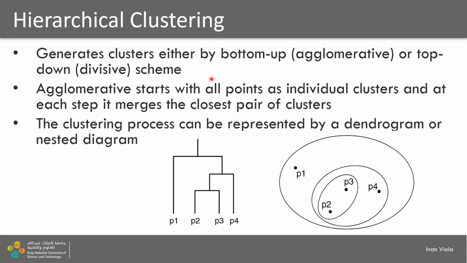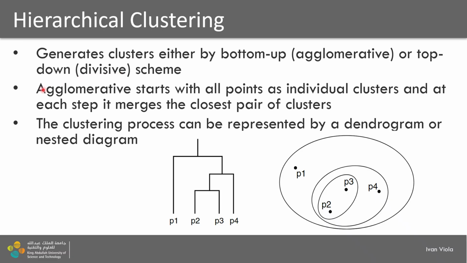In the divisive scheme, we will start with the full data set, and then we will split it into two halves, and then we will further be splitting up the parts to achieve more and more clusters until we reach the individual points at the very lowest level of this hierarchical clustering scheme.